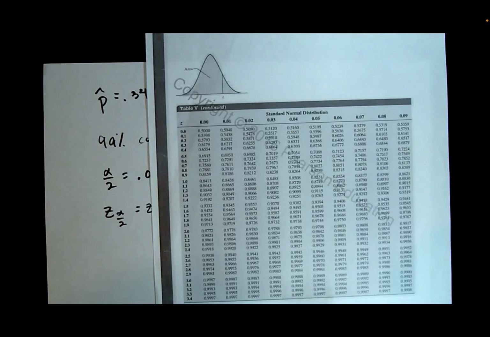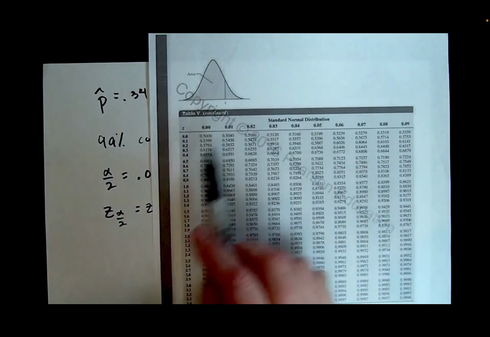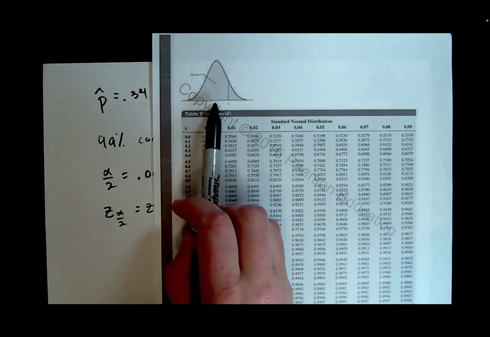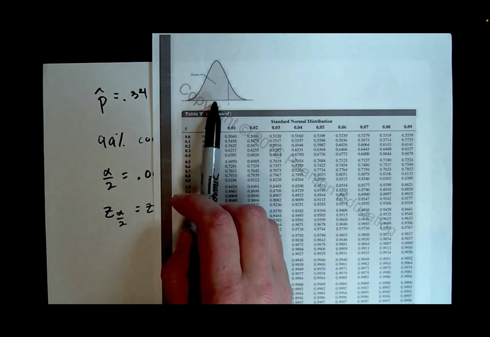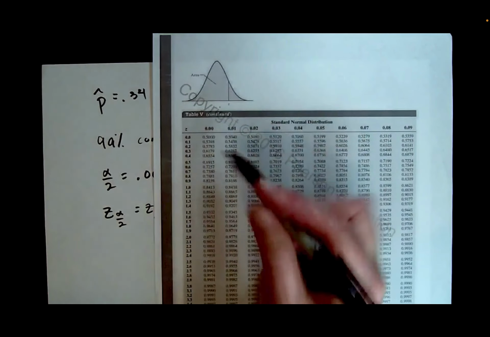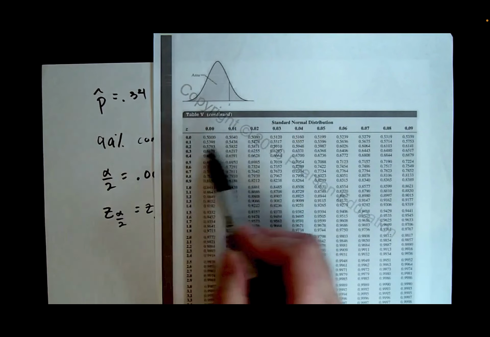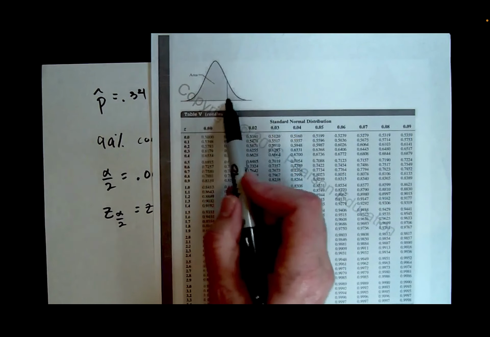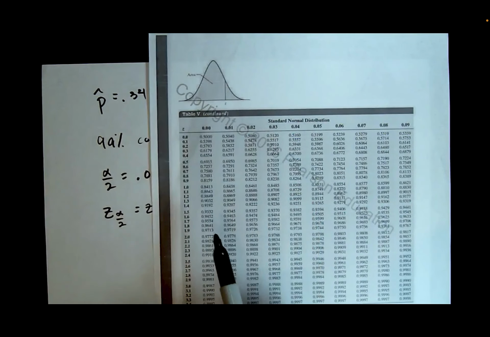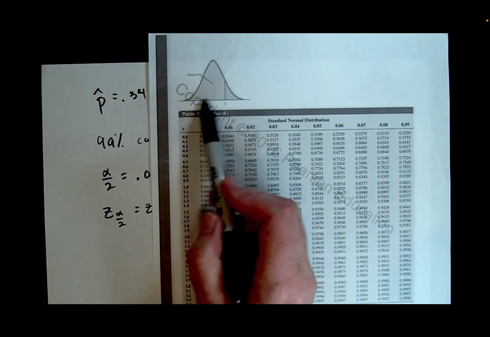It's just that over here you won't find 0.005 because this part of the table is for z values to the right of the center. So remember, the center of the standard normal is at 0, and so the table with the positive z values is to the right. So all of the areas that are to the left of the z value here are going to be more than half because you've got more than half the area.